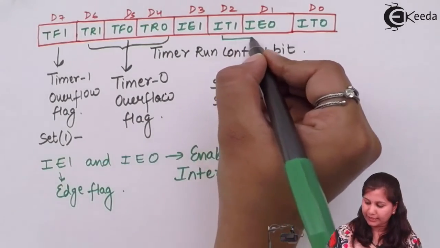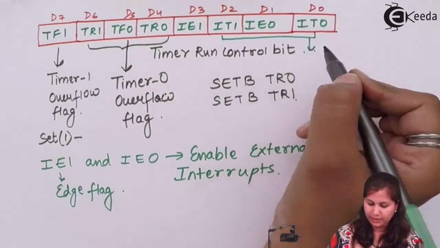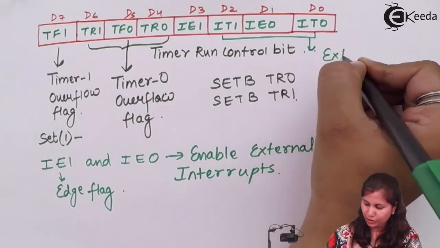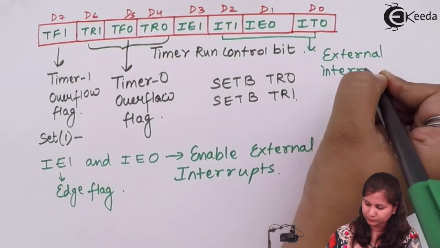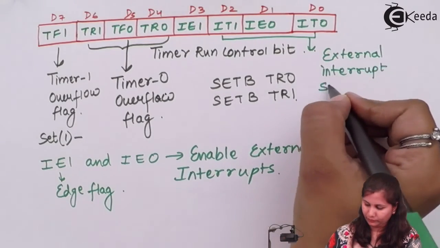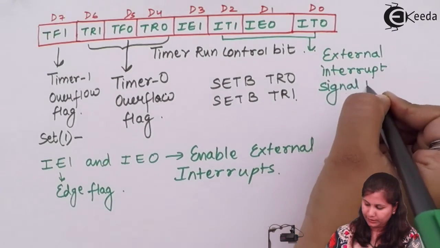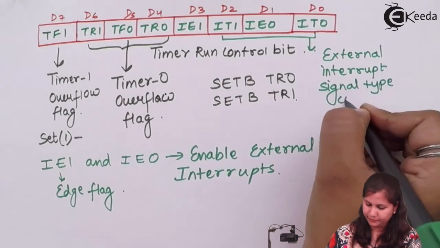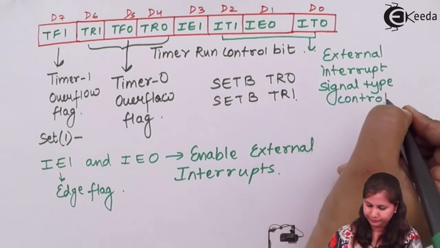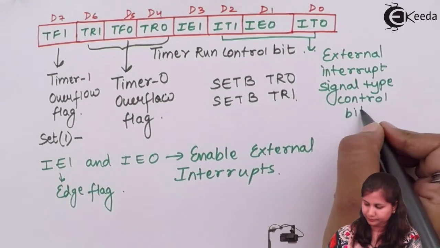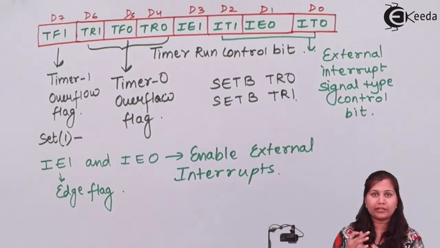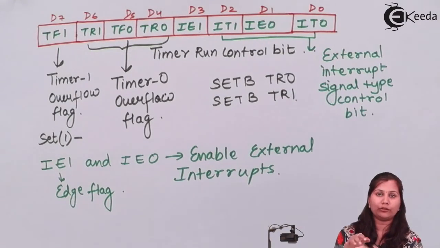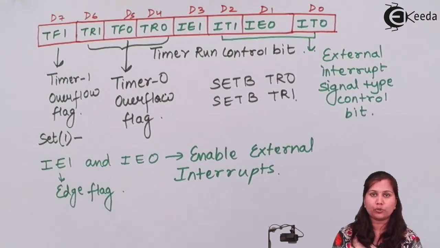Also we have IT1 and IT0. These are the external interrupt signal type control bits. They decide at which edge, either the low to high transition or the high to low transition of the clock pulse, the interrupt is going to work.